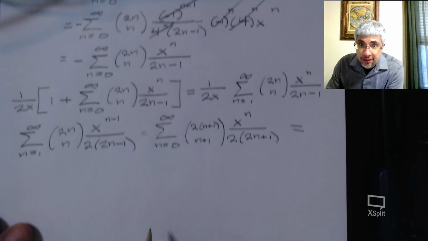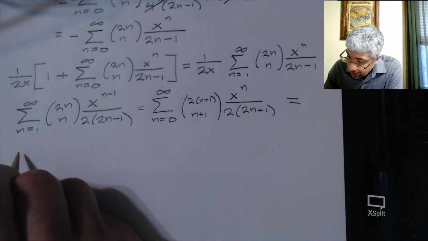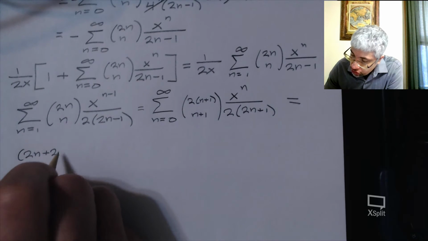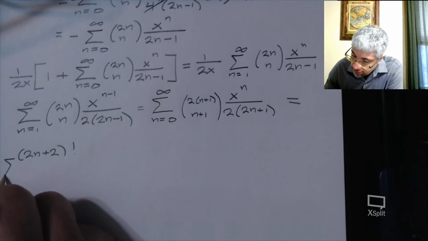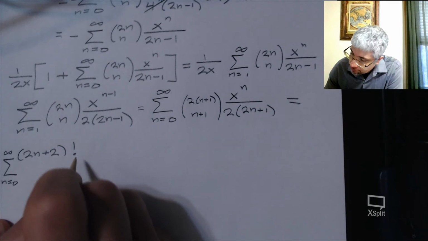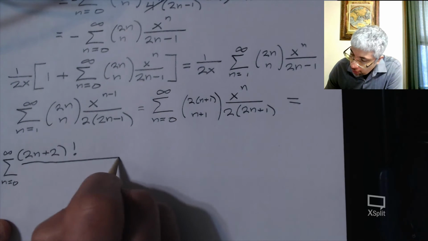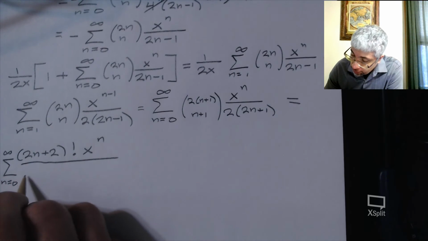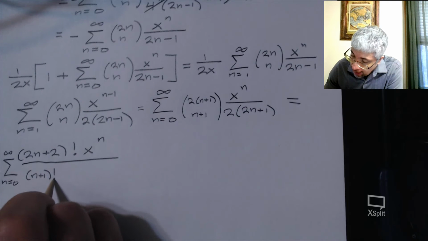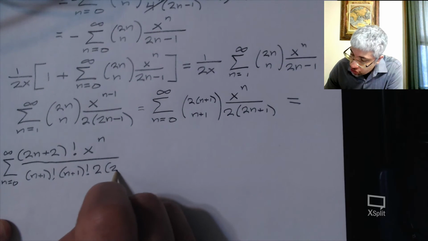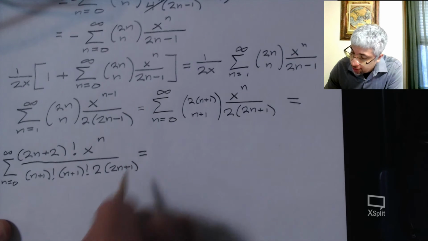Okay, now let's write out what this is exactly. I'm going to have in the top a 2n plus 2 factorial. This is still in my sum. And in the bottom here, I have n plus 1 factorial, n plus 1 factorial, 2 times 2n plus 1.